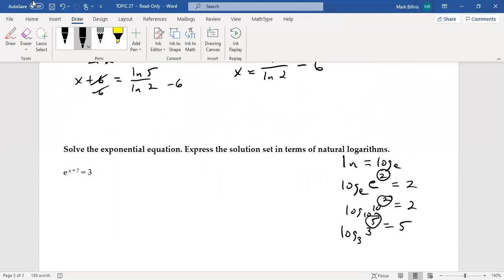So two things to keep in mind. First of all, the natural log is the same thing as log base e. Secondly, if the base of the log is the same as the base of our argument, then the answer is simply the exponent.